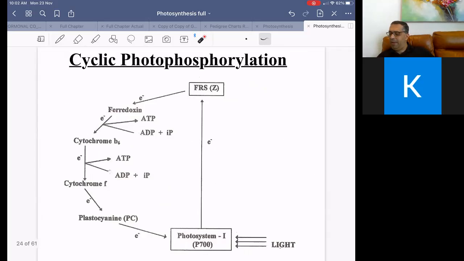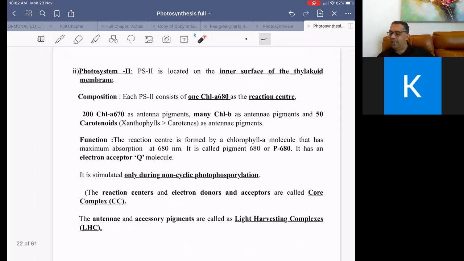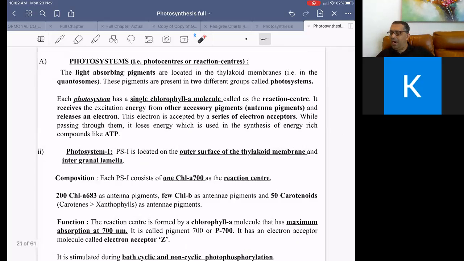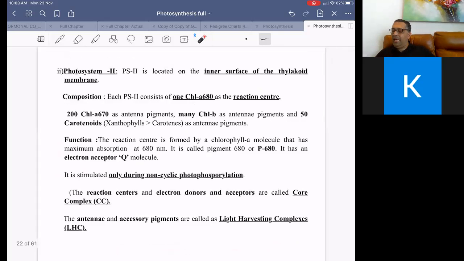The most important golden last lines here. Where does PS1 participate? PS1 participates in both cyclic and non-cyclic photophosphorylation.